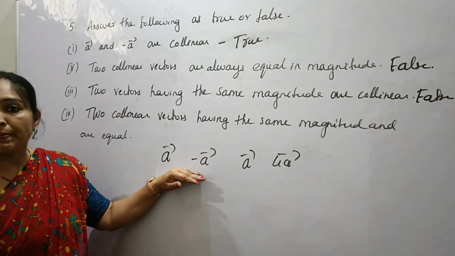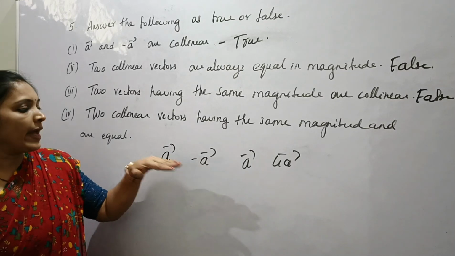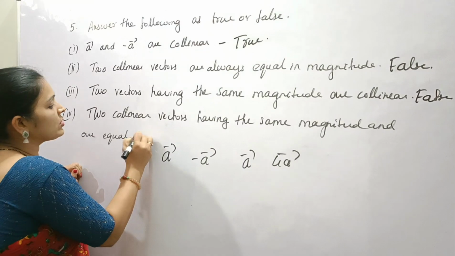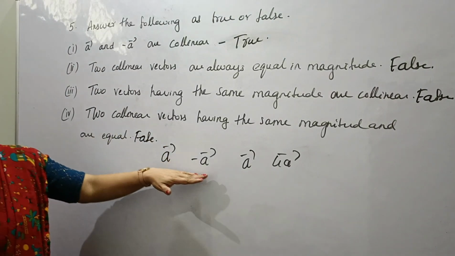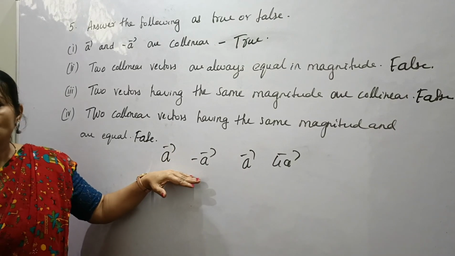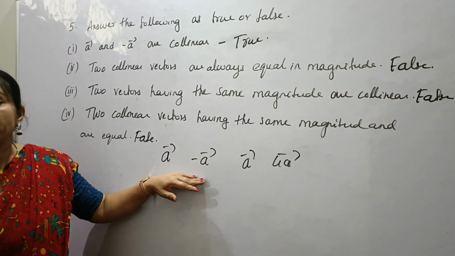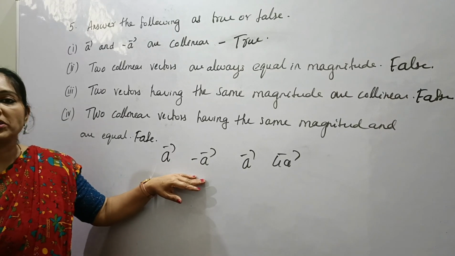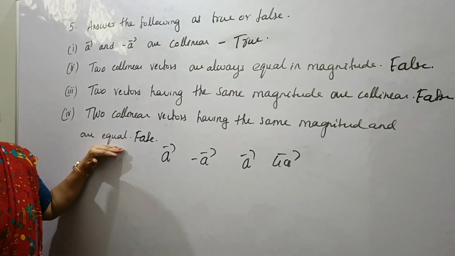They have the same magnitude but their direction is not the same. Therefore, they are not equal vectors, and this statement is also false.